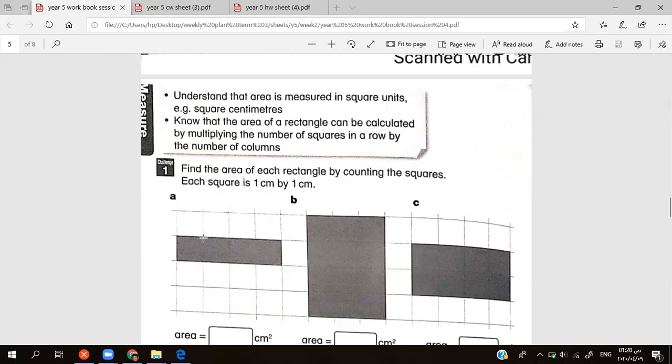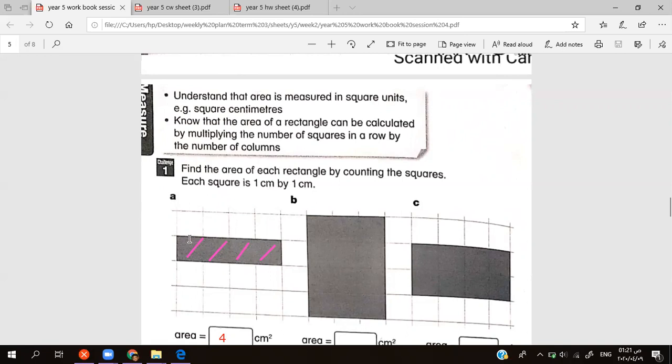So if it's by squares, then this is 1 square, 2 squares, 3 squares, and 4 squares. So the area here is what? 4 squares. And why is it 4?